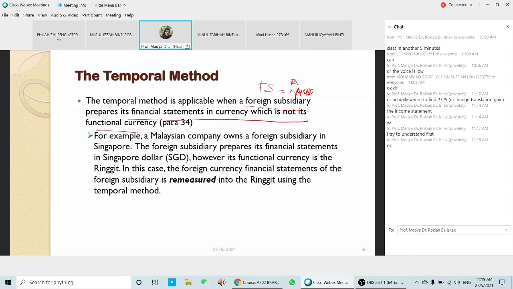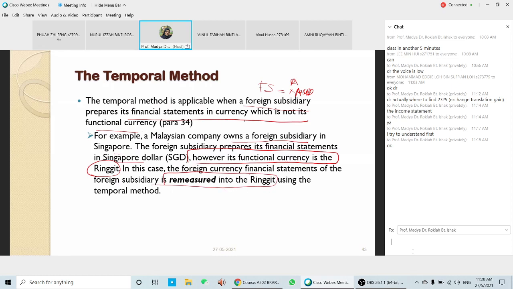For example, a Malaysian company owns a foreign subsidiary in Singapore. The subsidiary prepares financial statements in Singapore dollars, however its functional currency is the ringgit. In this case, the financial statements of the foreign subsidiary need to be remeasured into the ringgit using the temporal method.